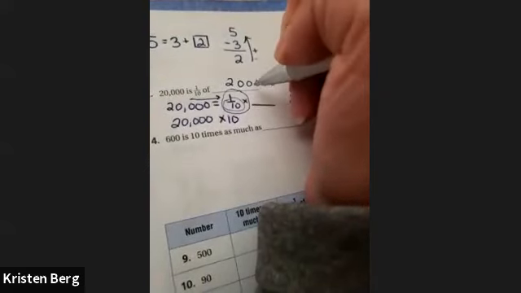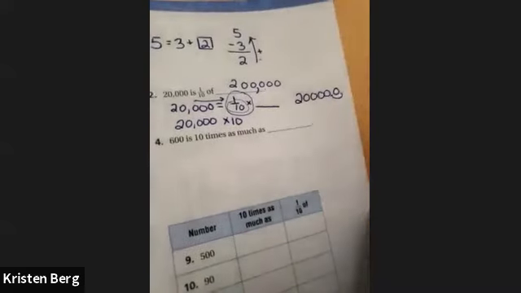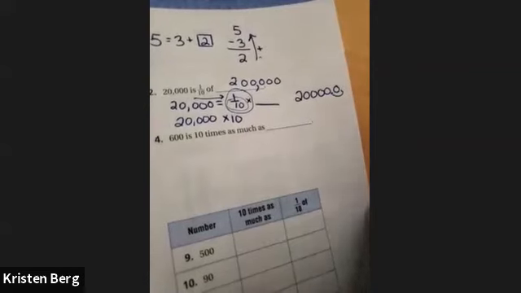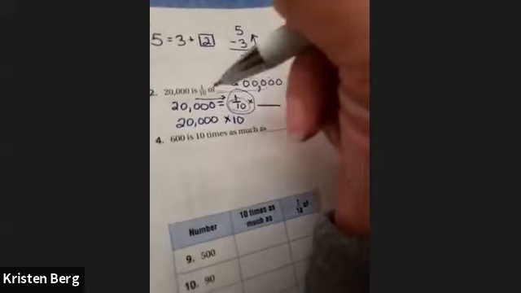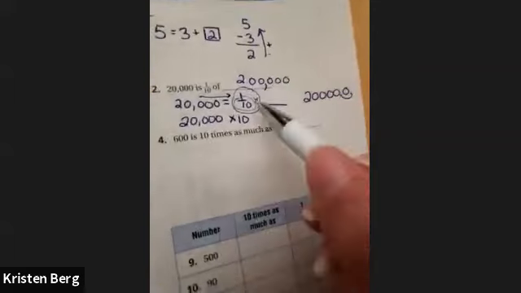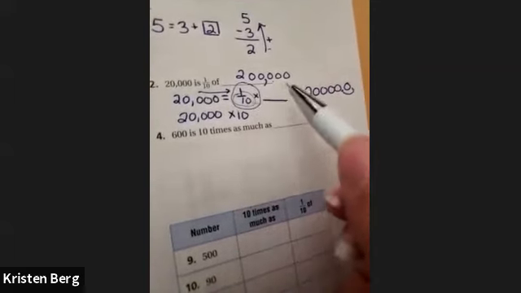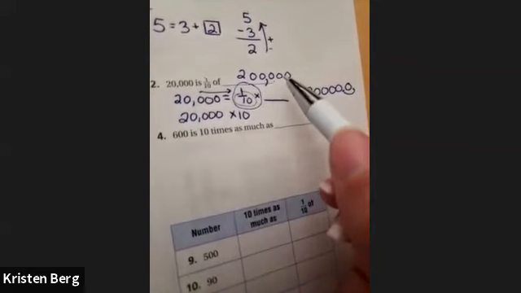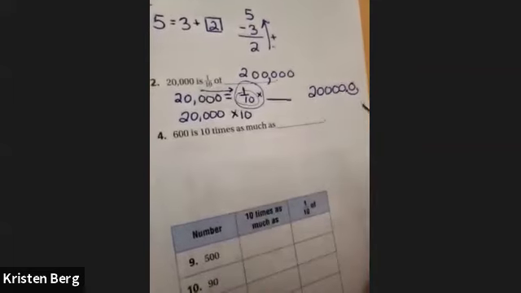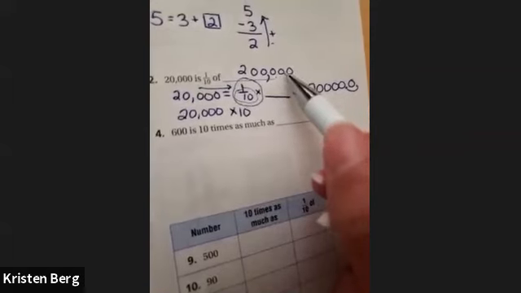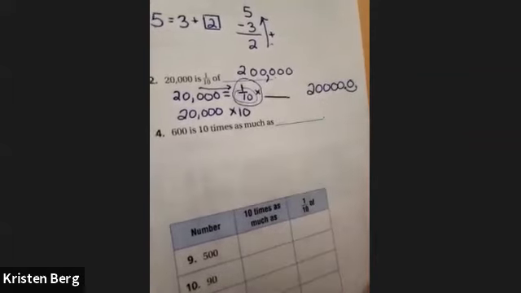So 1, 2, 3, comma. So that is 200,000. If you take 200,000 and you find a tenth of it, that means getting it smaller by one place. Will it give you your 20,000? So if you move it in one place, will it give you 20,000? Yes, it will. So therefore, it is correct.